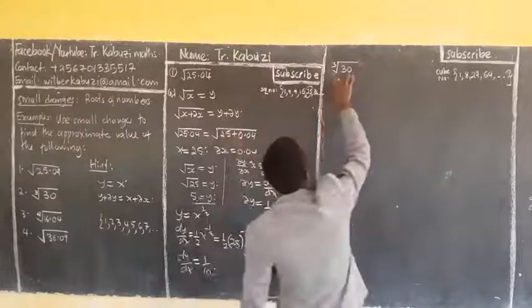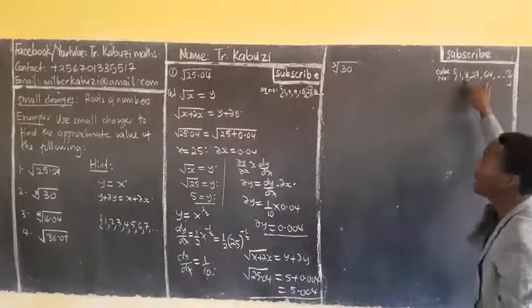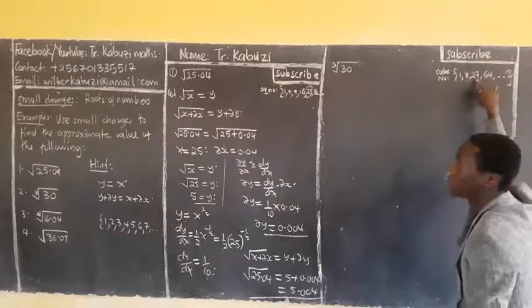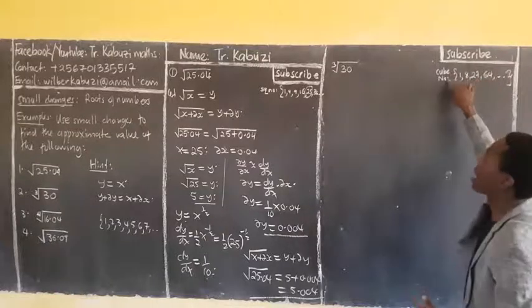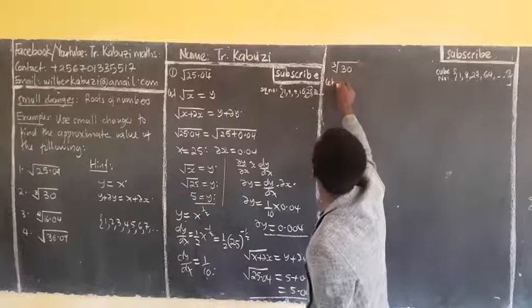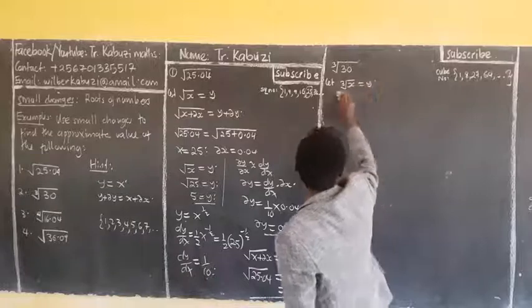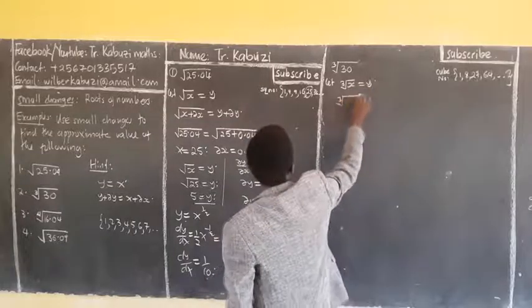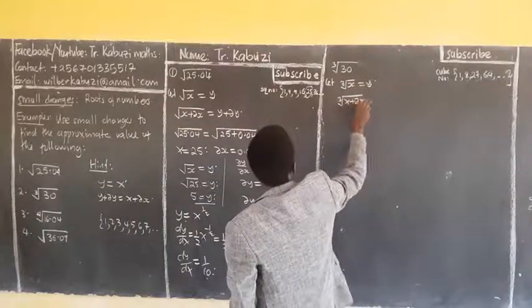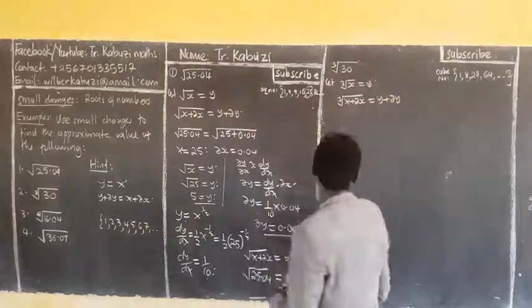Now when I come to this one, it is the cube root, so I deal with the cube numbers. 1 cubed is 1, 2 cubed is 8, 3 cubed is 27, because I'm dealing now with cube roots. So I'll say now, let the cube root of x be y. It means that now the cube root of x plus delta x will be y plus delta y.